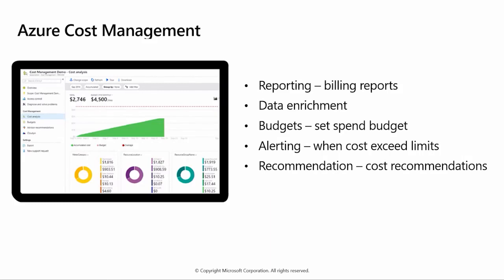Or you can set up alerts, so you can alert managers or anybody in charge of a project as you start to approach that budget. In my account, I have a $150 budget. Every time I log in, it lets me know how much of my budget is left. And just like when we looked at Azure Monitor, we have that cost management piece that makes recommendations on how you can save money.